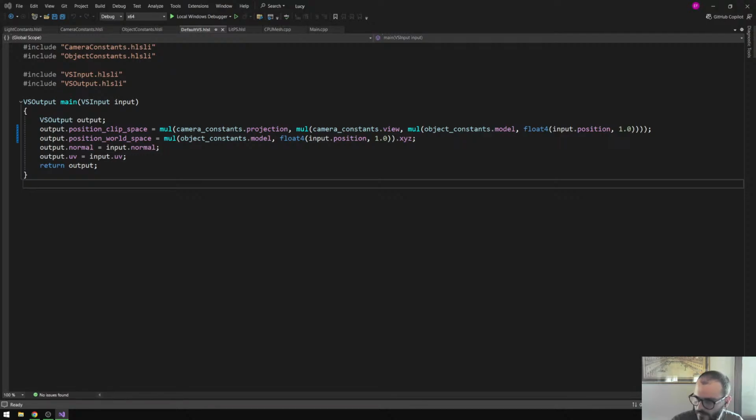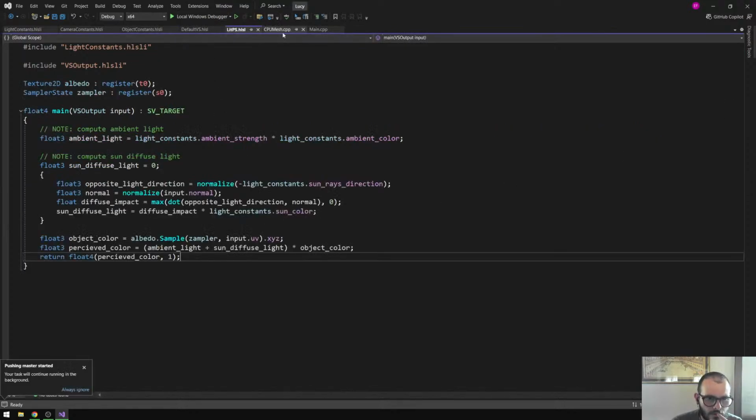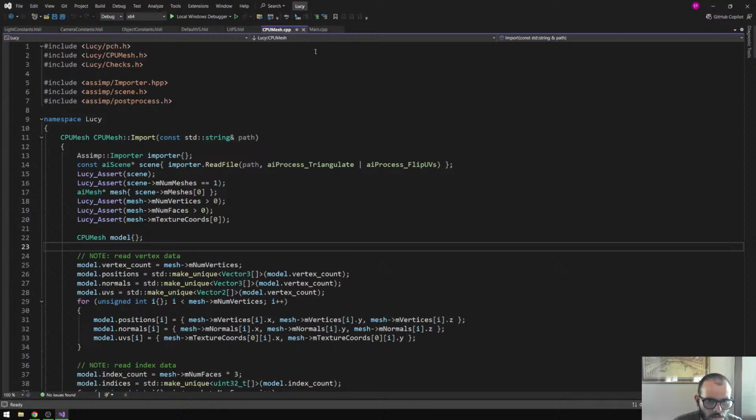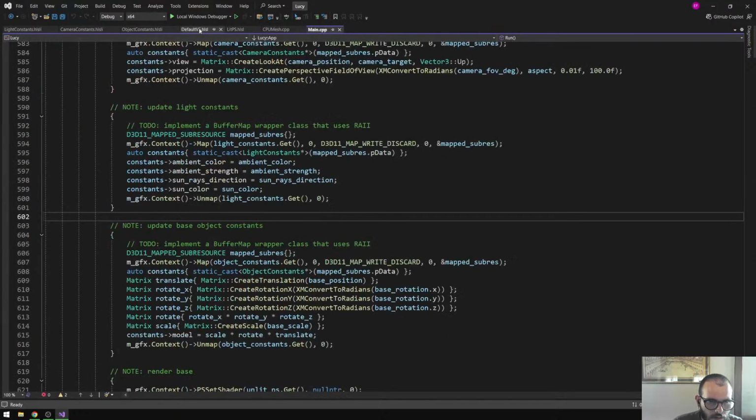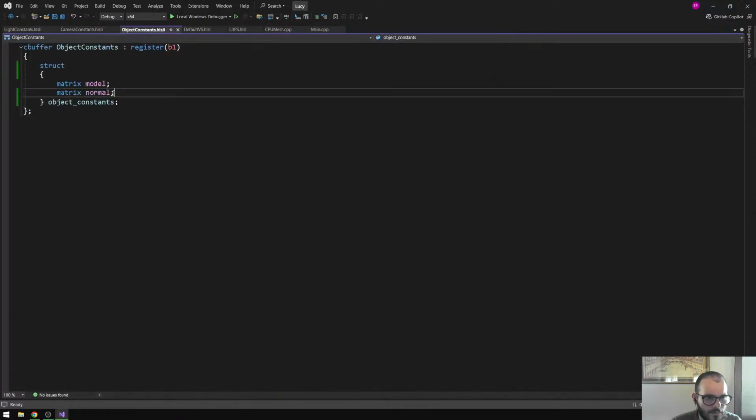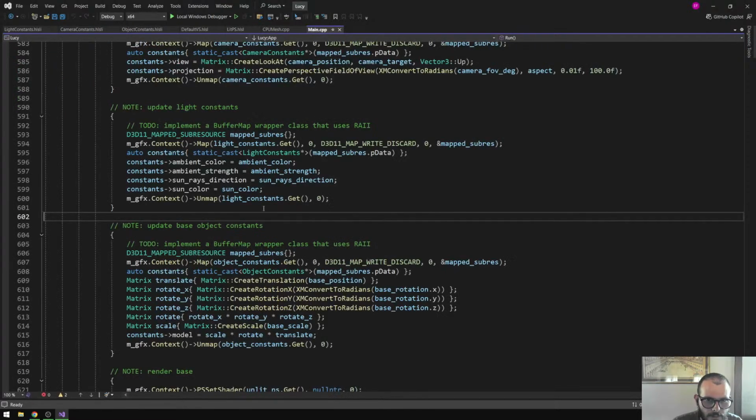Let's commit: use HLSL, wrap struct in constant buffers. Okay, now the idea is that with the object constants we also have a matrix, that's a normal matrix.